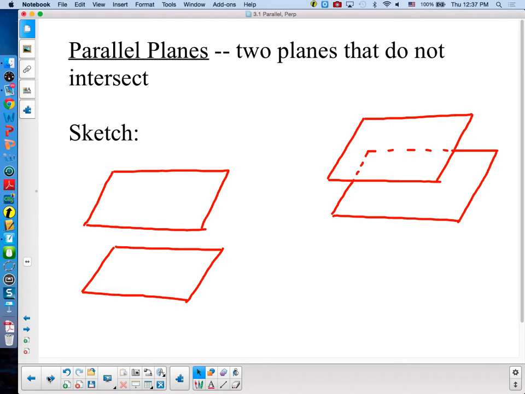My floor stops somewhere. We could think about it continuing to the next classroom and the next one after that, but eventually it would stop. But planes, if we think about the floor as being the ground of the earth, I guess it goes quite a ways. So anyway, think about your planes continuing.